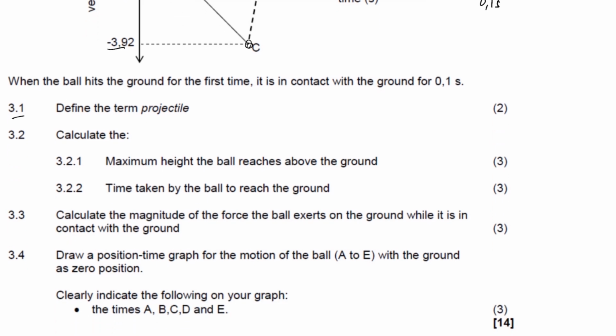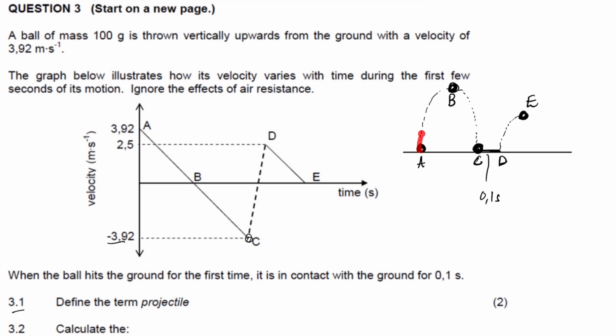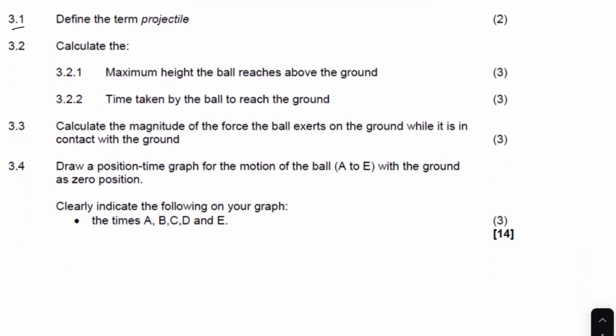3.2.1 says calculate the maximum height the ball reaches above the ground. It's very important, that point above the ground. So they want this height, from there to there. So which segment are we going to take? This segment. We're going to take A and B. It's very important.